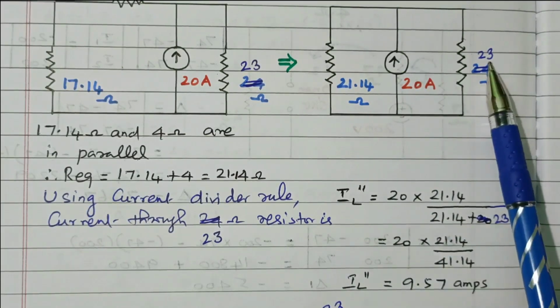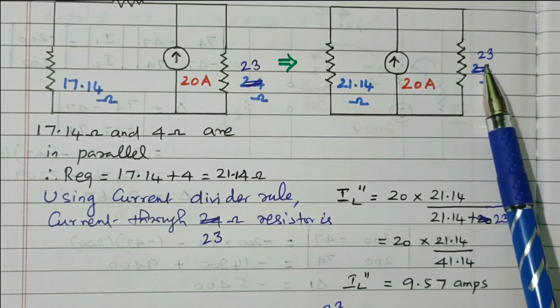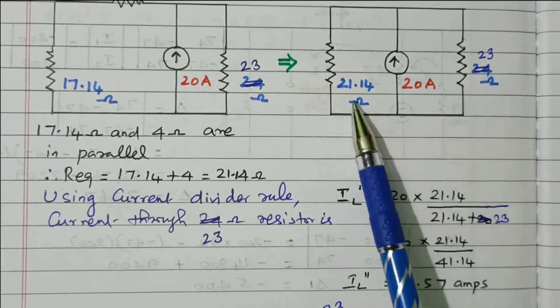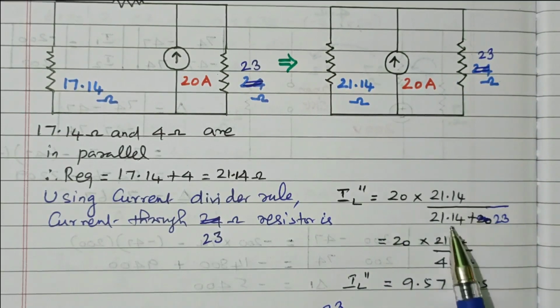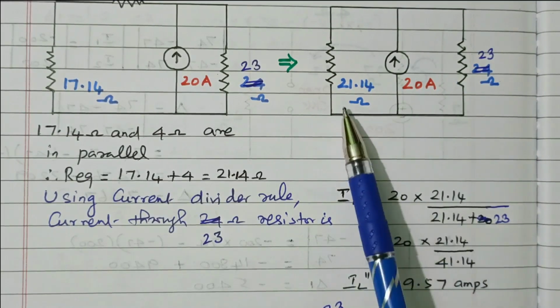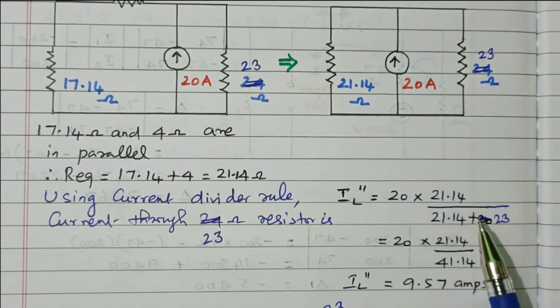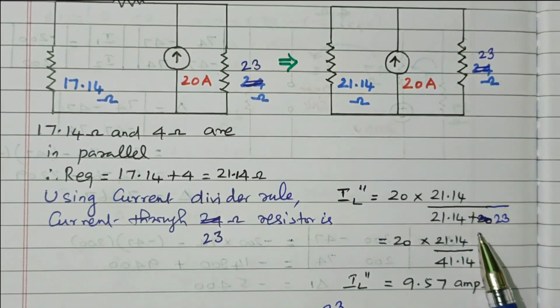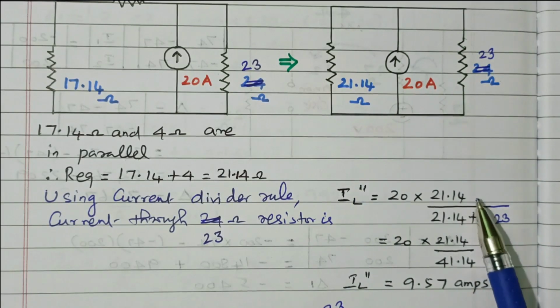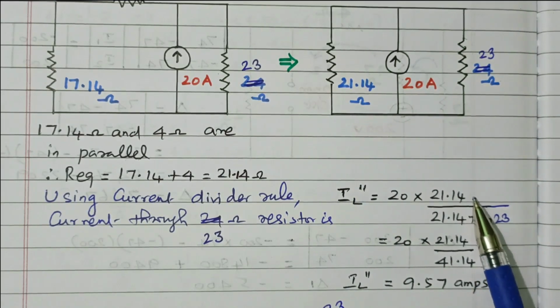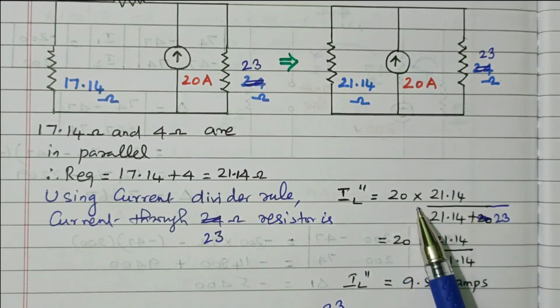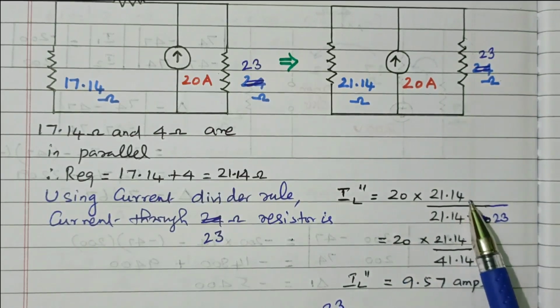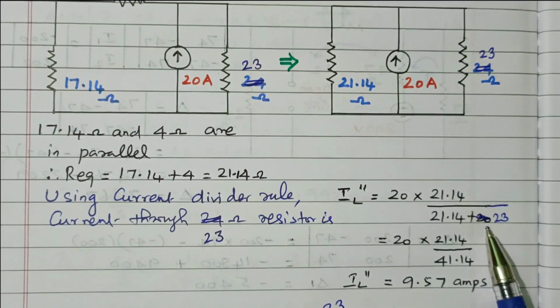So we have to multiply with other branch resistor 21.14 divided by total resistance 21.14 plus 23. Right? In voltage divider rule, the same branch resistor we have to multiply. Here opposite branch resistor should be multiplied. Right? So the total current multiplied by resistance of other branch divided by total resistance.